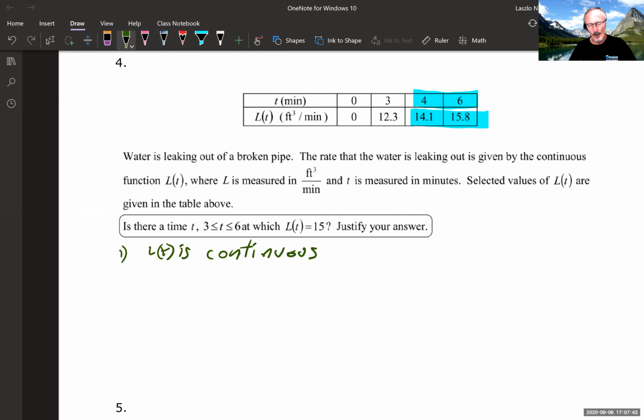and you can make a greater interval than 4 to 6 and assert that L of t is continuous, but you have to be careful not to include intervals where potentially L of t would be discontinuous. All I need to do in the narrow sense, since we're looking at t equals 4 and 6, is to indicate that L of t is continuous on the interval t between 4 and 6.